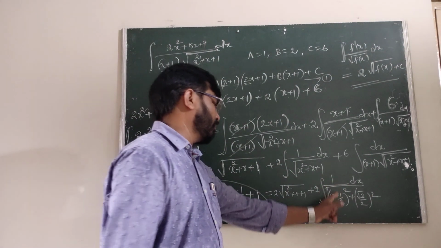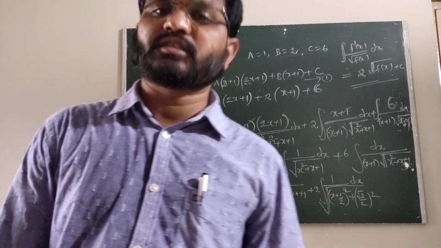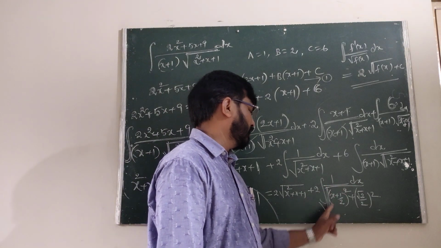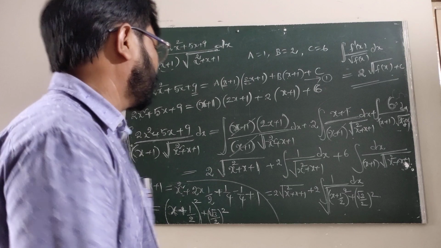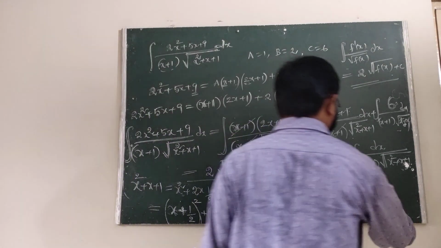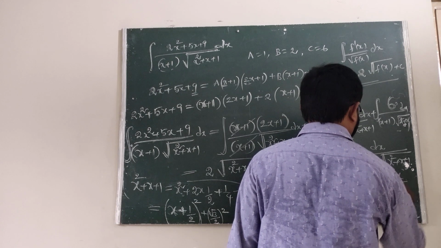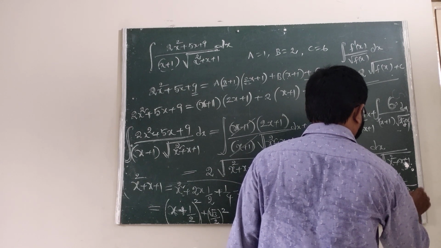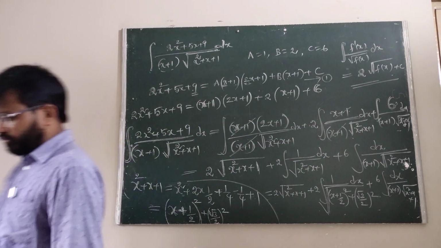We know that the integral of 1 upon under root of x square plus a square is the sine h inverse of x by a. But how to write this one, the dx upon the x plus 1 into under root of x square plus x plus 1? Therefore now we have to find here.